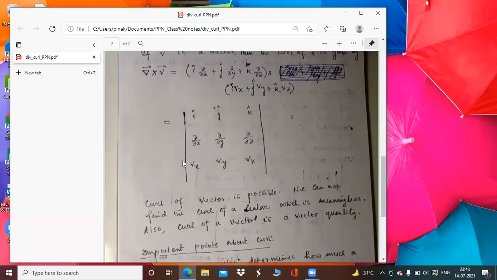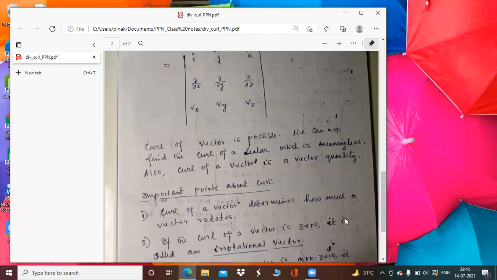Again here we need to note down 3 points regarding curl. First of all, curl of a vector is possible. Number 2, we cannot find the curl of a scalar, which is meaningless. And number 3, curl of a vector is a vector quantity.